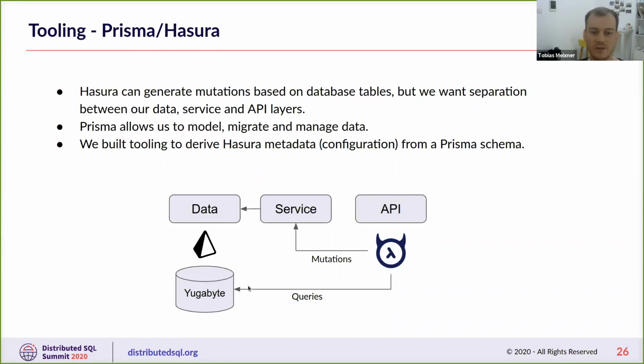And then queries, of course, going through the API layer, go directly through Hasura in our case. So we are using the Hasura queries that come out of the box because they are quite powerful in terms of filtering and pagination, which you all get out of the box with no code whatsoever, and which then directly connects to Yugabyte.